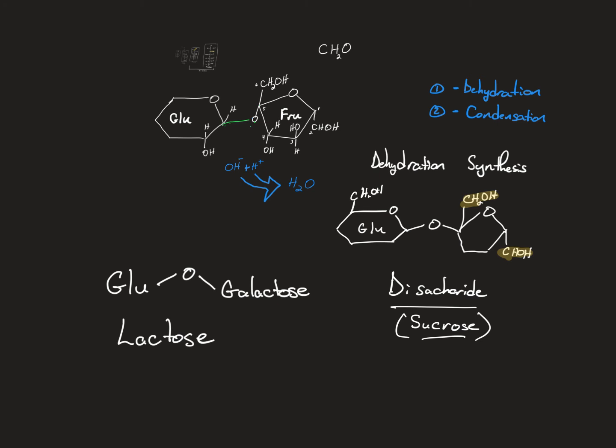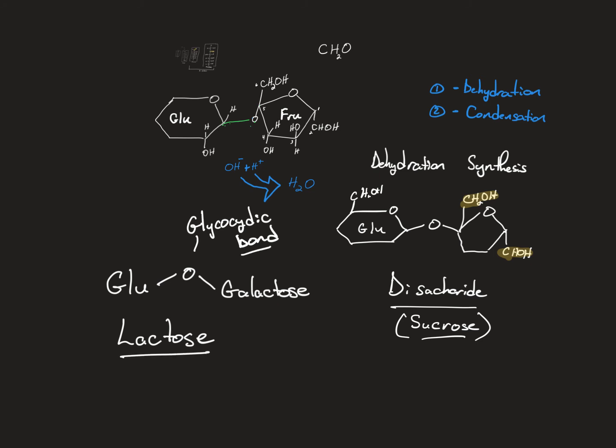So here, sucrose is one where you have fructose, a 6-carbon sugar, and a glucose, a 6-carbon sugar. The difference is the ring here is a 5-sided ring, where galactose is a 6-sided ring and glucose is a 6-sided ring. And they form this, by the way, we call this a glycosidic bond. The bond that holds the sugars together.